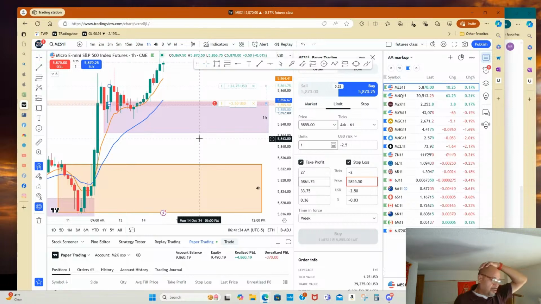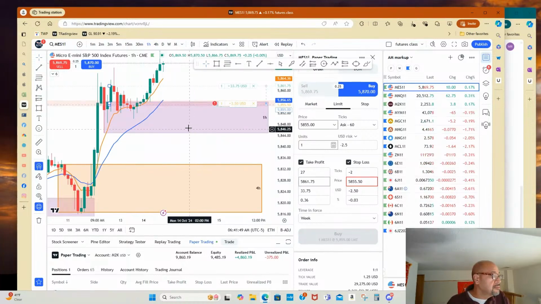Or maybe $1, like at least I get $1 to cover the commission. But then we'll see where it goes from there. The worst thing is I'm out of the trade again because it just puts me out with no profit, no loss.